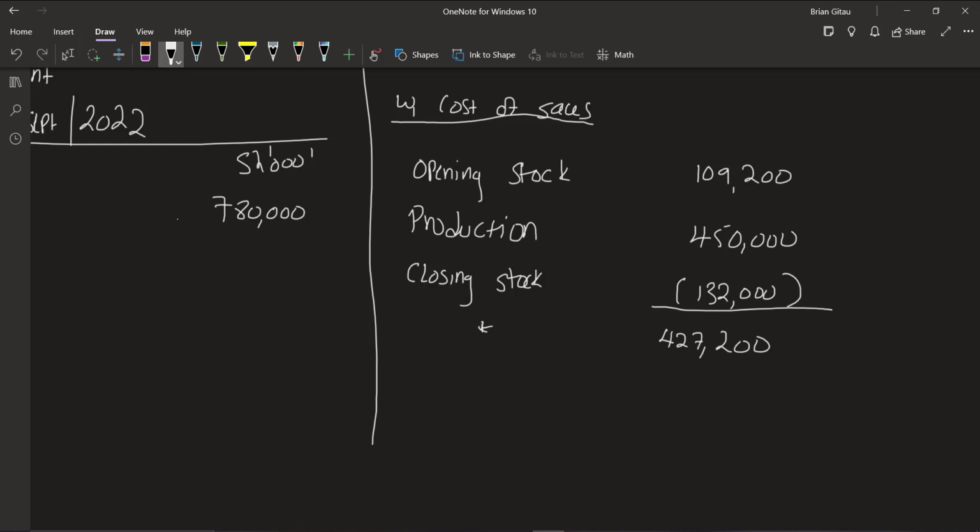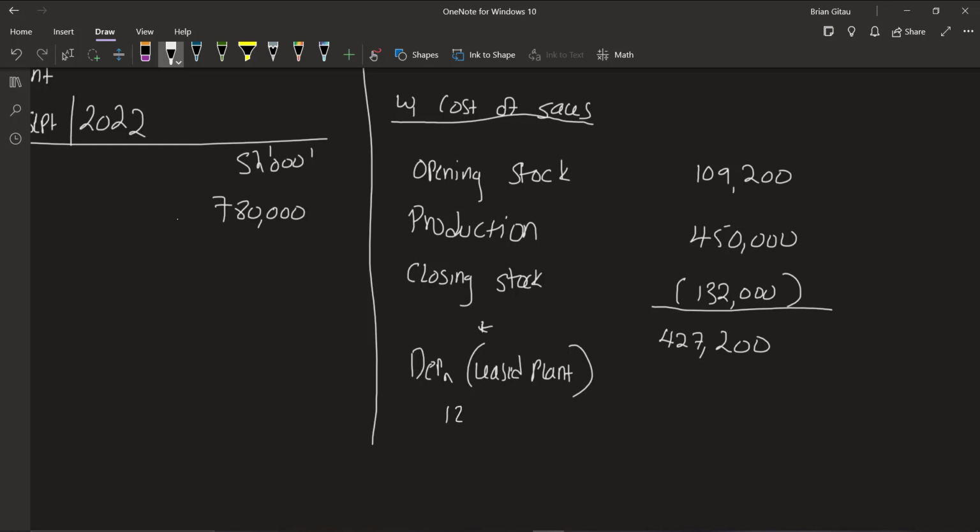So let's go ahead and calculate the depreciation on the leased plant. We are supposed to provide for depreciation on a straight line basis over a period of 5 years. The lease is lasting for 5 years, so we take the cost minus the scrap value, divided by the useful life, and in this case the useful life is the lease period.